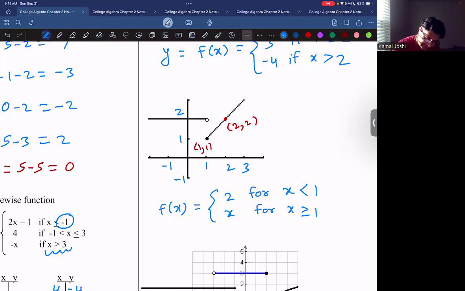And why do I say x? Because the equation of that line is y equals x. If you ask me, it's obvious, (1, 1), (2, 2), right? So it has to be y equals x. You can also find the slope and then get the equation, but you'll get y equals x.